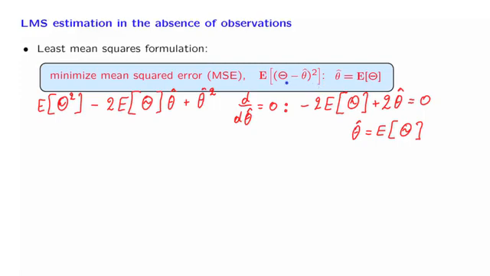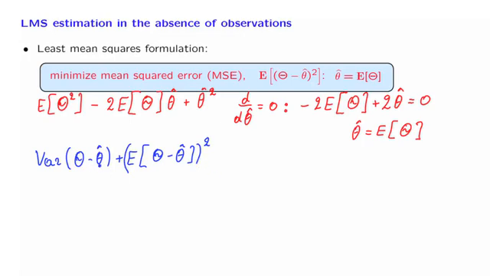The expected value of the square of a random variable is always equal to the variance of that random variable plus the expected value of that random variable, squared. This is what we're trying to minimize.